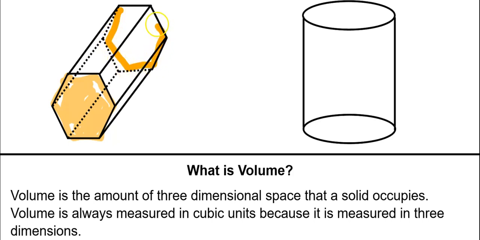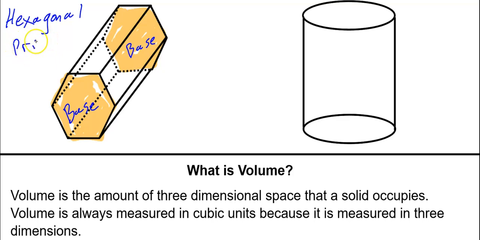There are always 2 bases, and the bases are always congruent to each other. Base and base. So this is a hexagonal prism. And it's a prism because there are the same number of hexagons going all the way up.